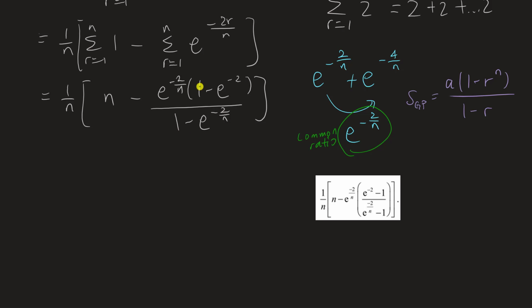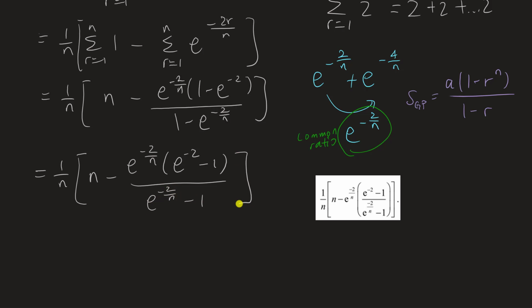So no worries, just pluck out a negative from the top and push that negative down below. So this leaves us with just this n minus, flip this and flip this. e to the power negative 2 minus 1 over e to the power negative 2 over n minus 1. And we're done with this extremely complicated question.